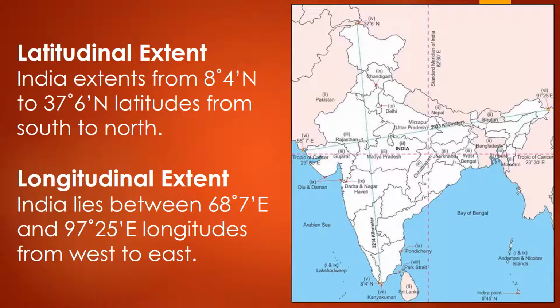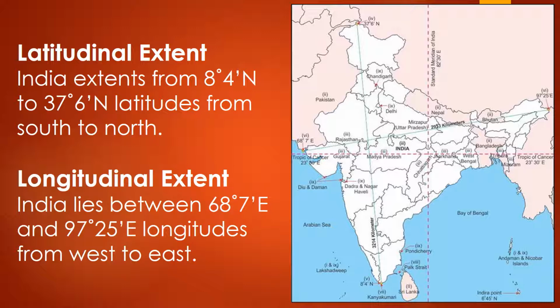The north-south extent of India is about 3,214 kilometers. And the longitudinal extent: India lies between 68 degrees 7 minutes east and 97 degrees 25 minutes east longitudes from west to east. The longitude that passes through the middle of the country is taken as the standard meridian of India.